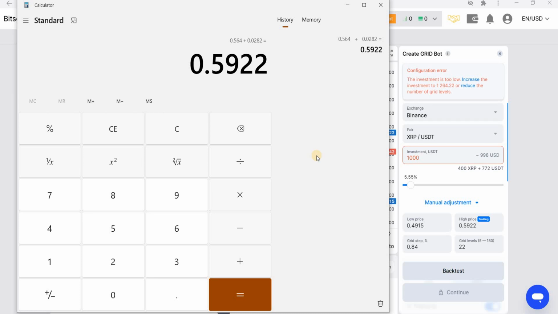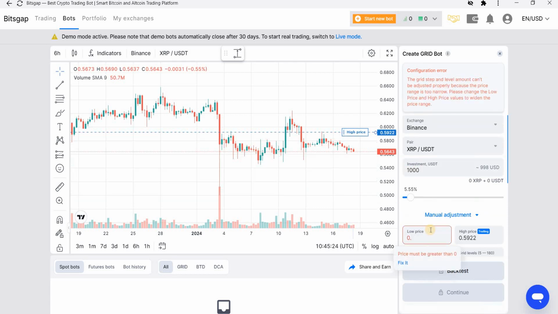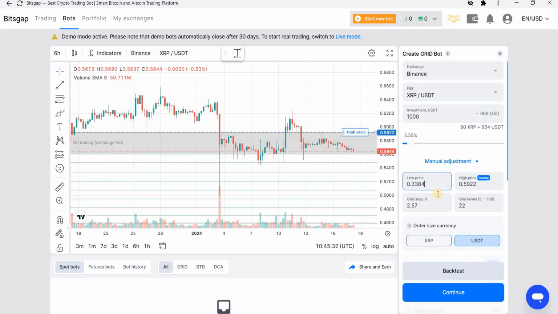So that's 0.564 minus 40% gives us 0.3384. Okay, so there we go.